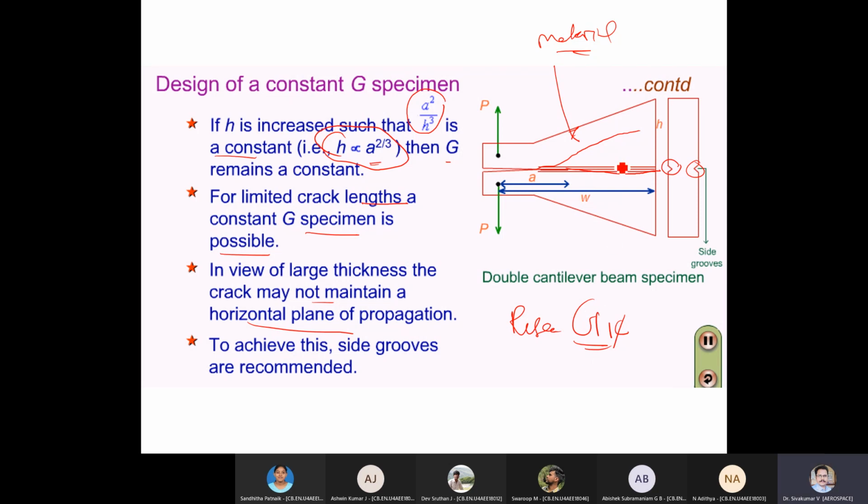So I have made this particular double cantilever using my own material, and then I have achieved G1C. Somebody somewhere may use the same material but a different geometry, and they may get inconsistency because they did not maintain the ratio between A and H. So it has been standardized with respect to DCB.